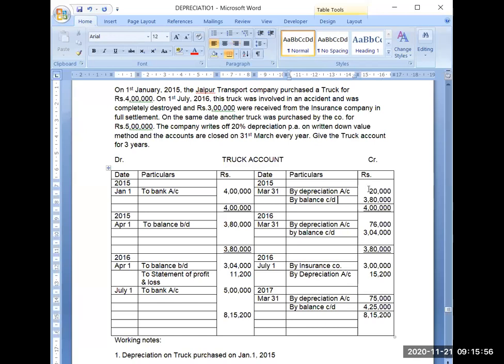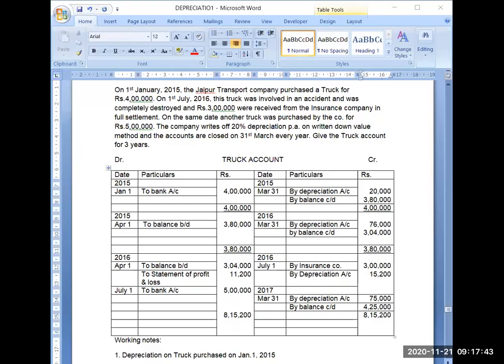This depreciation of 20,000 we can calculate with the help of the straight line method also, or with the written down value method also. But whatever the method is, the depreciation will be recorded in the asset account itself. This is the point. Just respond and tell me whether the first method is clear.